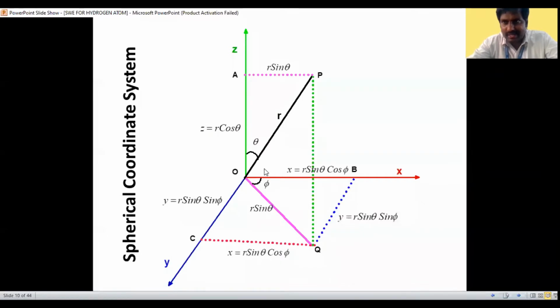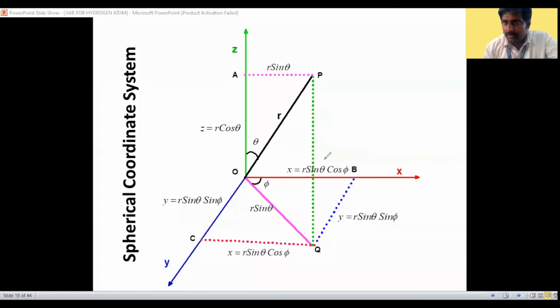Let us take the electron at P. The distance between the origin and P is r, and the angle between the z-axis and OP is theta. The green color parts, PQ and OA, are equivalent, that is z is equal to r cos theta.